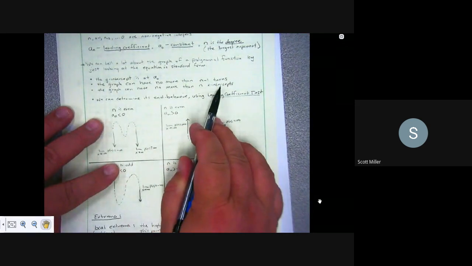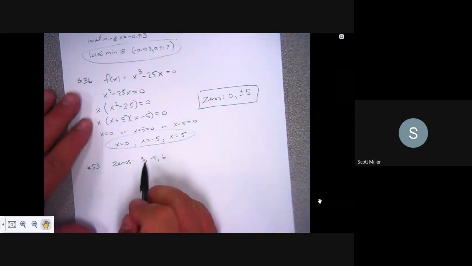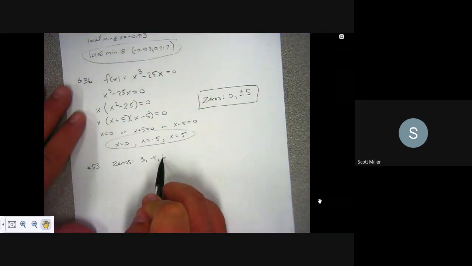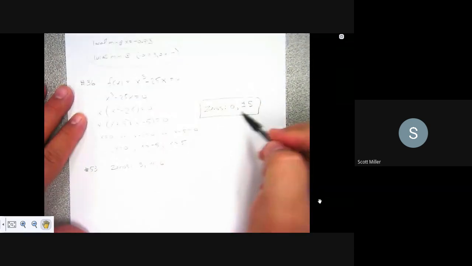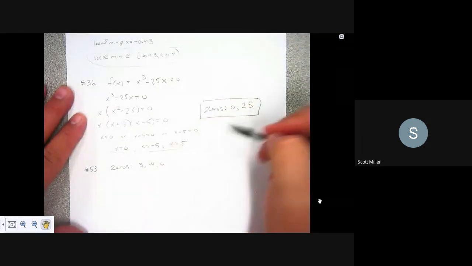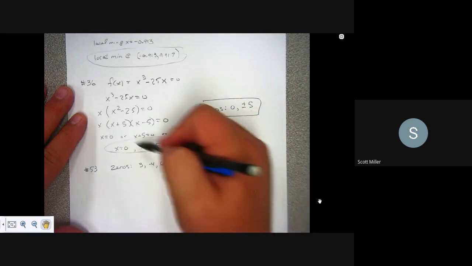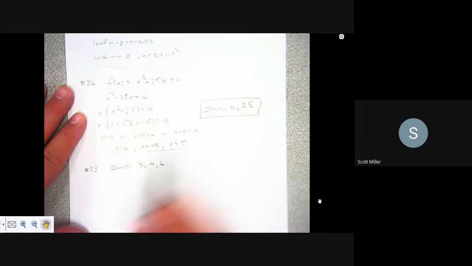The graph can have no more than n x-intercepts, or zeros. And if I told you n is 3, then I can't have more than 3. So what I'm doing in this case is going in reverse. If I do a factoring technique to get to zeros, and I give you the zeros, I go backwards through factoring to get back to the original function.